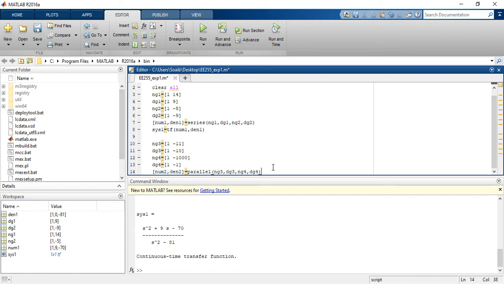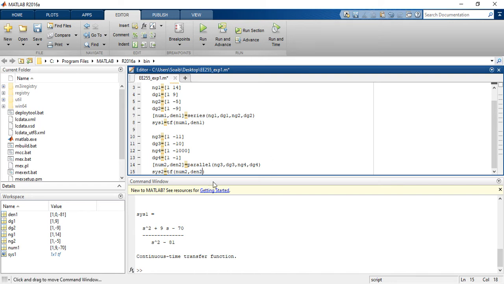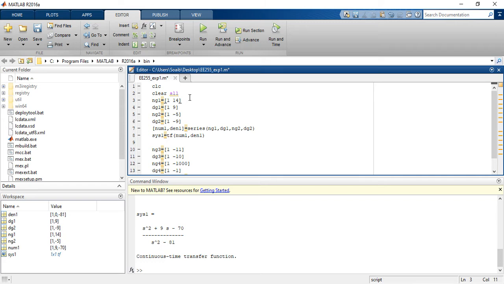Done. Now I want the answer in terms of a transfer function. So system 2 is equal to tf of num2 comma den2. So it will give me the answer. Right now the first part is over, so I don't want the answer. I am just hiding the answer by putting a semicolon after each command.